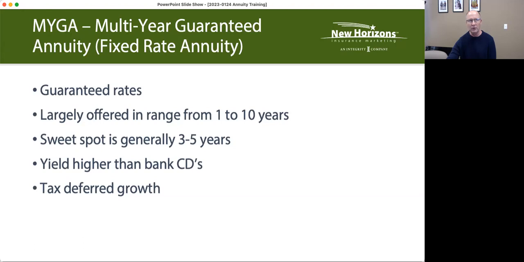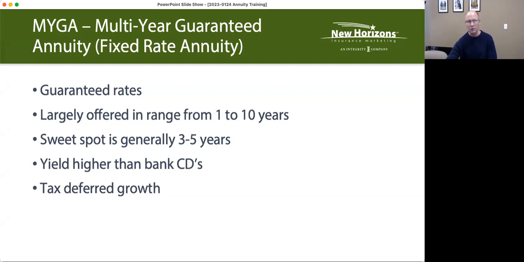So we'll start with the MIGAs, which simply stands for multi-year guaranteed annuity. Some people are going to hear the term fixed rate annuity. If you've never written an annuity, this is a fantastic place to start.